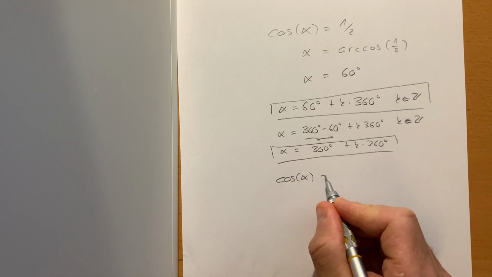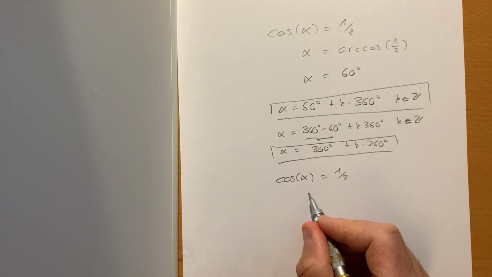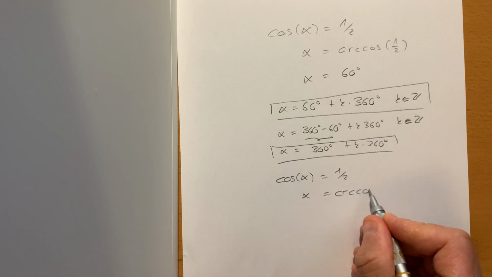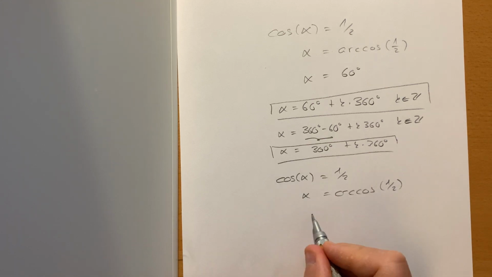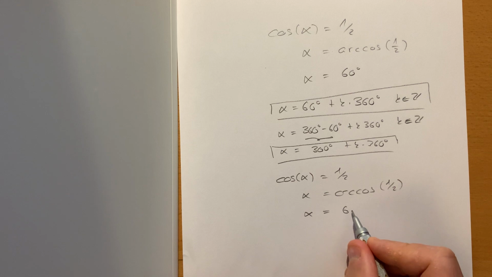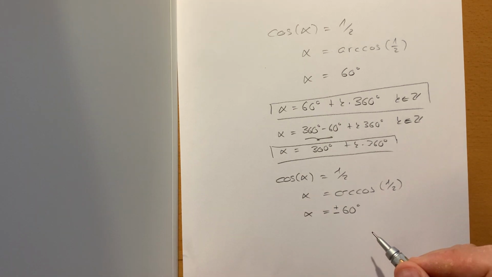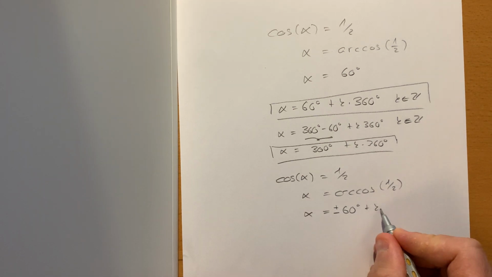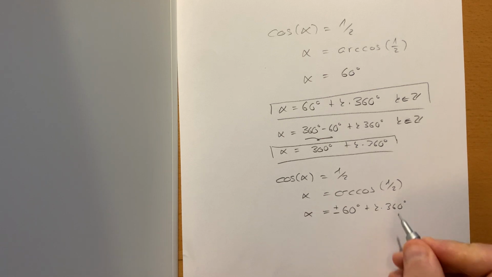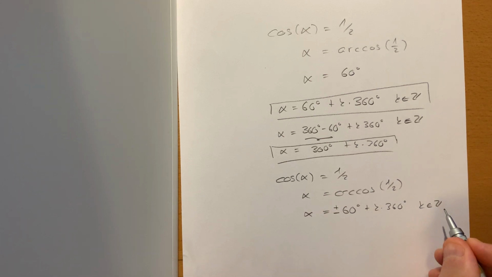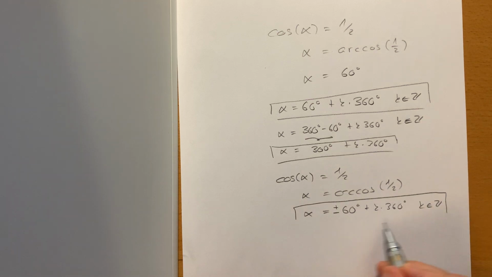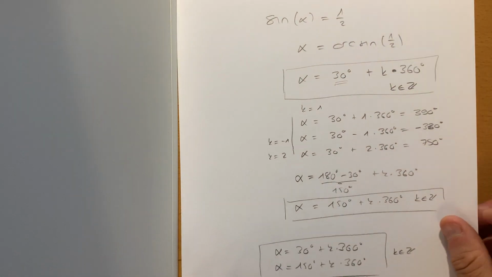Cosine alpha is 1/2. Then alpha is arc cosine of 1/2, and our calculator or our table gives us 60 degrees. But then we say plus minus 60 degrees because it's symmetric with respect to the x-axis, plus k times 360 degrees. K is an element of Z. This is one advantage if you write it like this compared to the sine exercise from before.